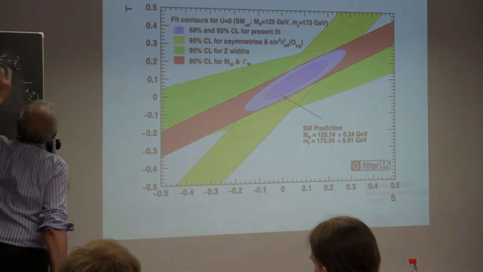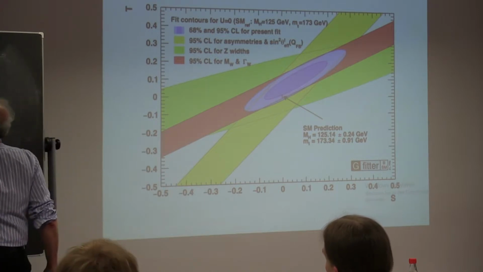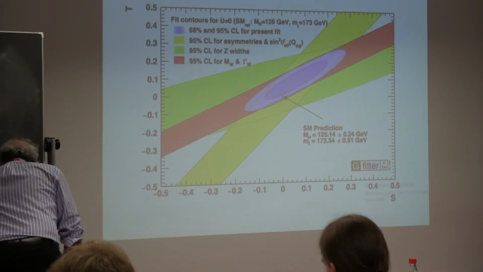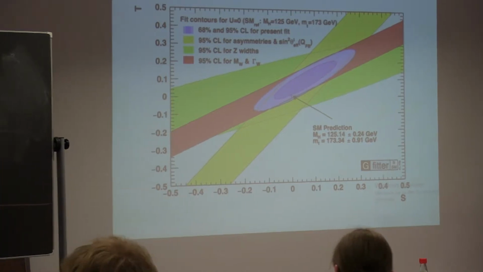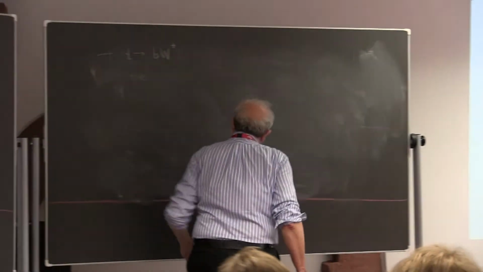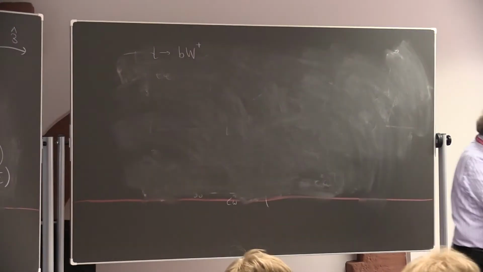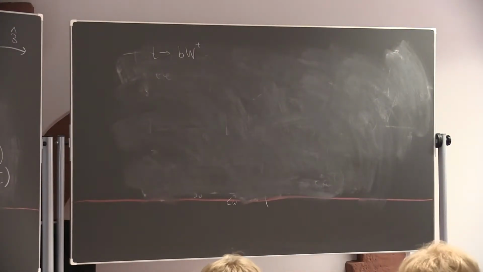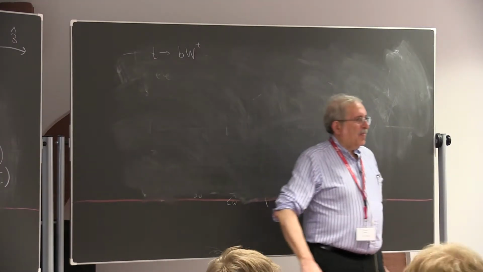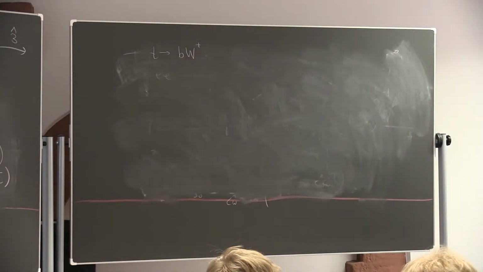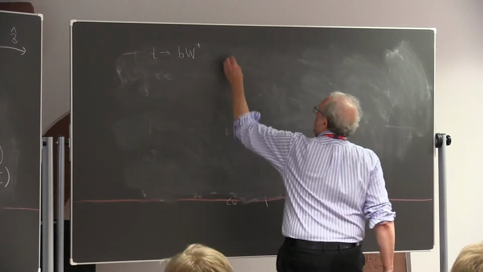So let's first take a very easy example, but also an interesting one, namely the decay of the top quark to BW+. In this analysis, I'm going to ignore the mass of the bottom quark, and I'm going to also take the top quark mass to be very large. So in principle, what should happen is the following.